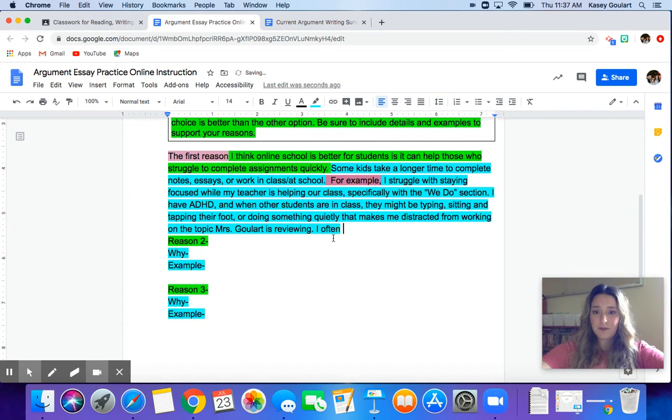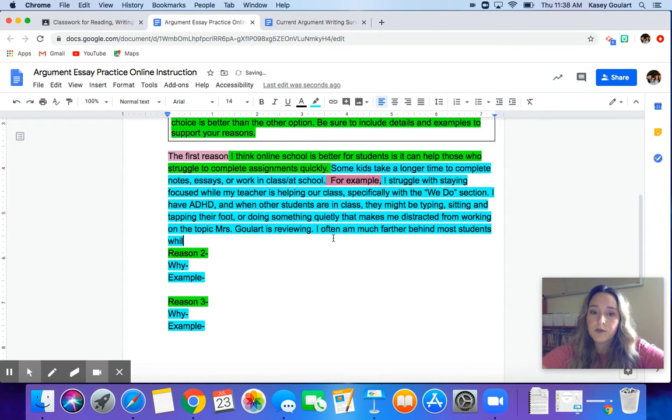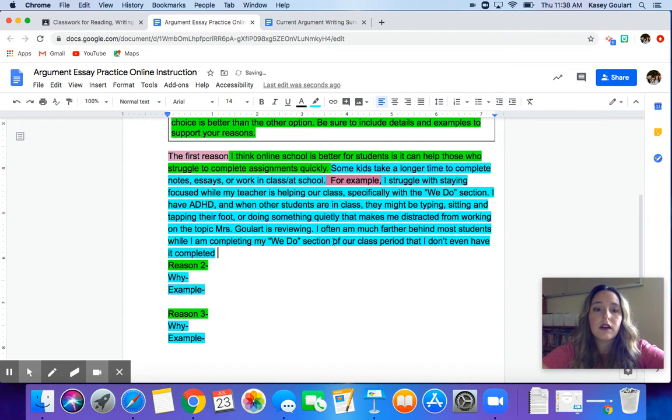I often am much farther behind most students while I am completing my redo section of our class period, so that I don't even have it completed when she begins to go over it with our whole group.